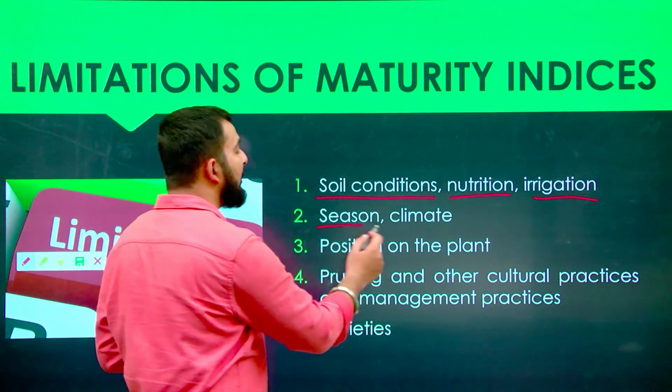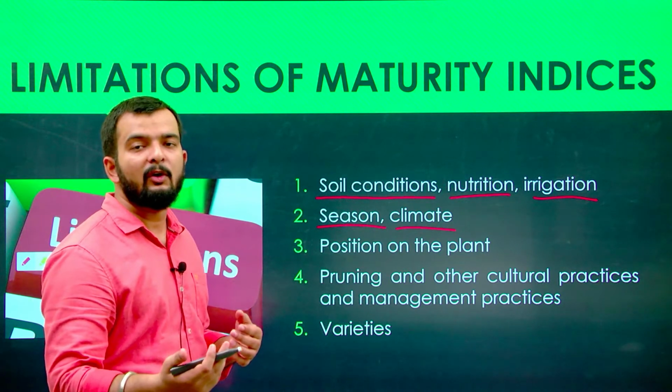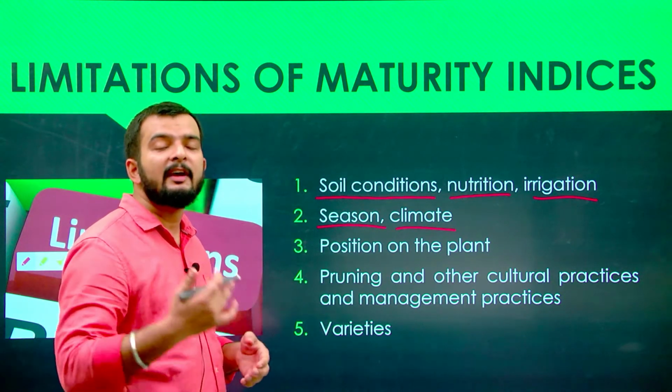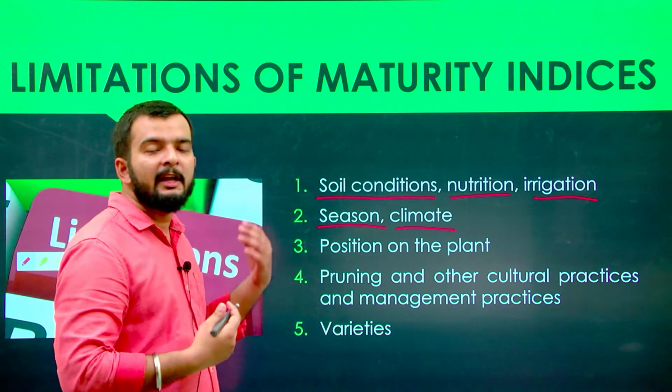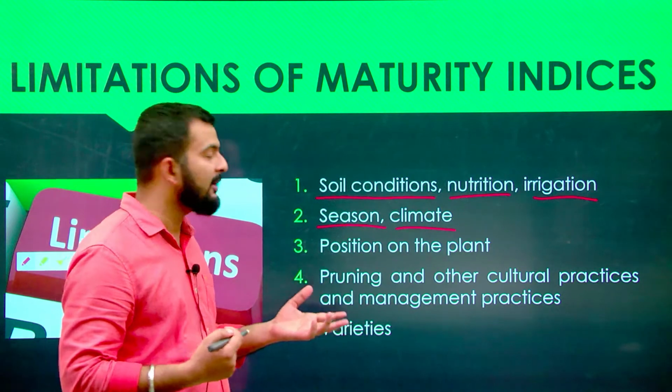Now season and climate affect the time for maturity or ripeness or the growth period. So your maturity index has to be calibrated every time, taking into consideration the average temperature or average humidity condition.